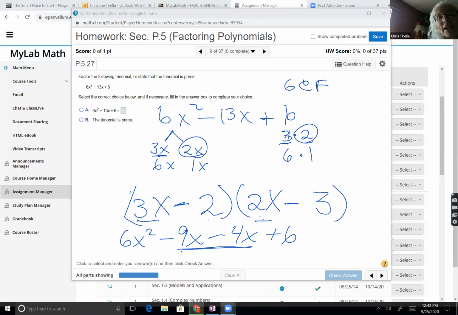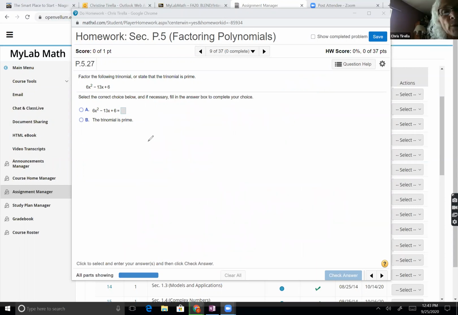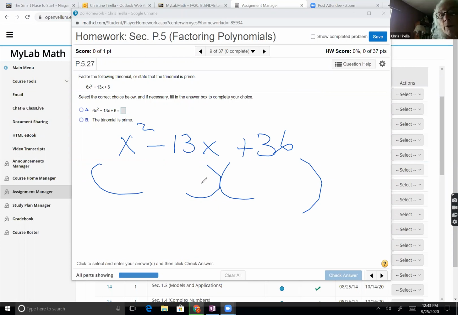Let me know if I've got you. You're saying that you want to change that into x squared minus 13x plus 36, and then you factor that, and then you do something weird to put the 6 back in? No. What do you do?